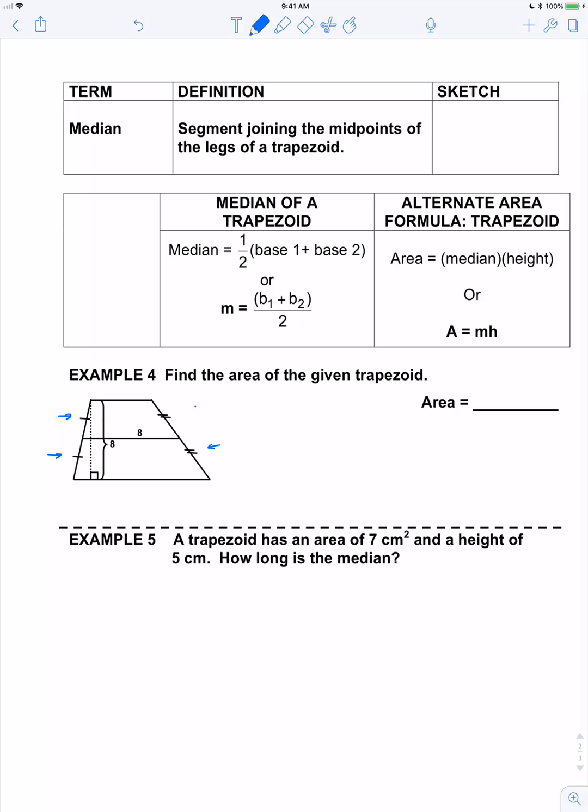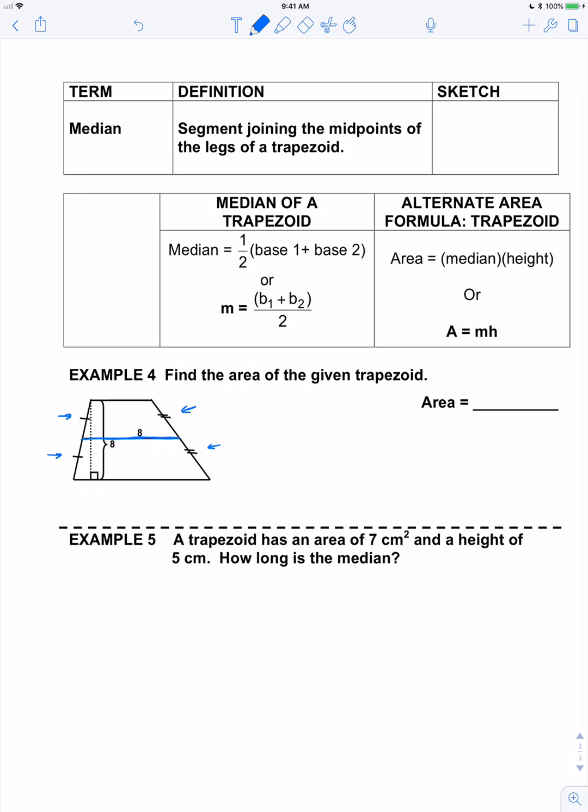We have our hash marks here. Those are the same lengths. And the formula for that is, so that's telling us that this line inside there, right here, is at a midpoint if those are the same lengths.